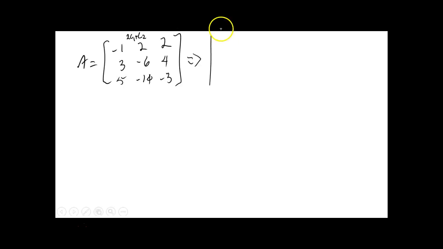So we're leaving the first column alone, -1, 3, 5. And the new second column is what? 0. 0. You know what? 0. Okay. And I can write down the third column if you desire. 2, 4, -3.